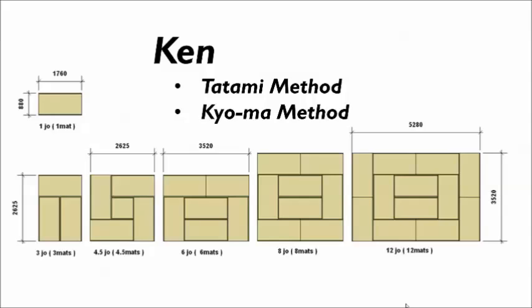There are two different methods that we look at when we refer to the ken. And the ken is not just a measurement for the construction of buildings, but it's also an aesthetic or visual module that orders how Japanese architecture is structured, how it functions, and where partitions or openings are placed.